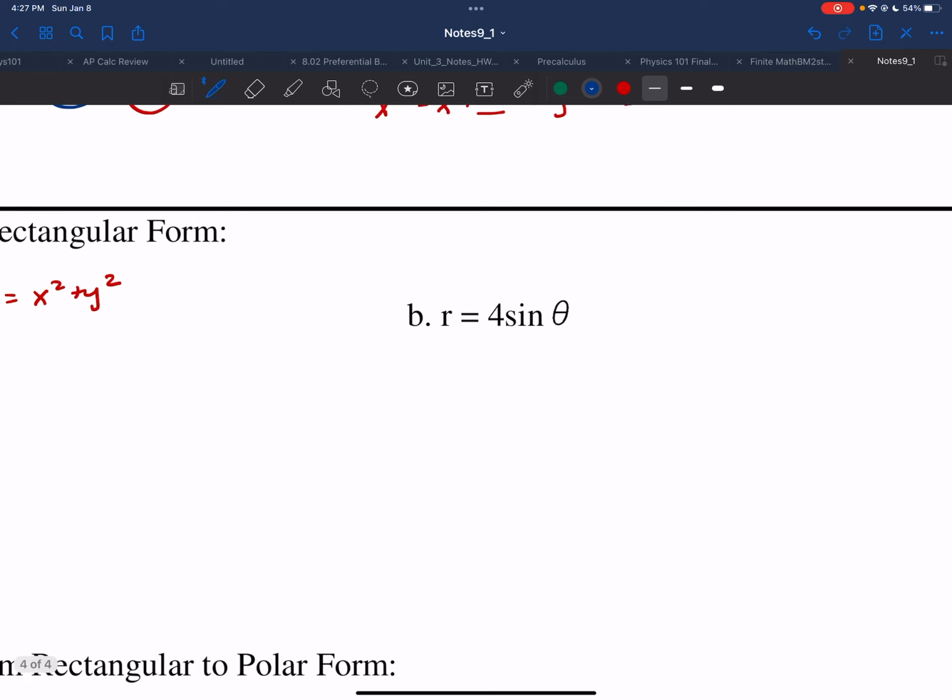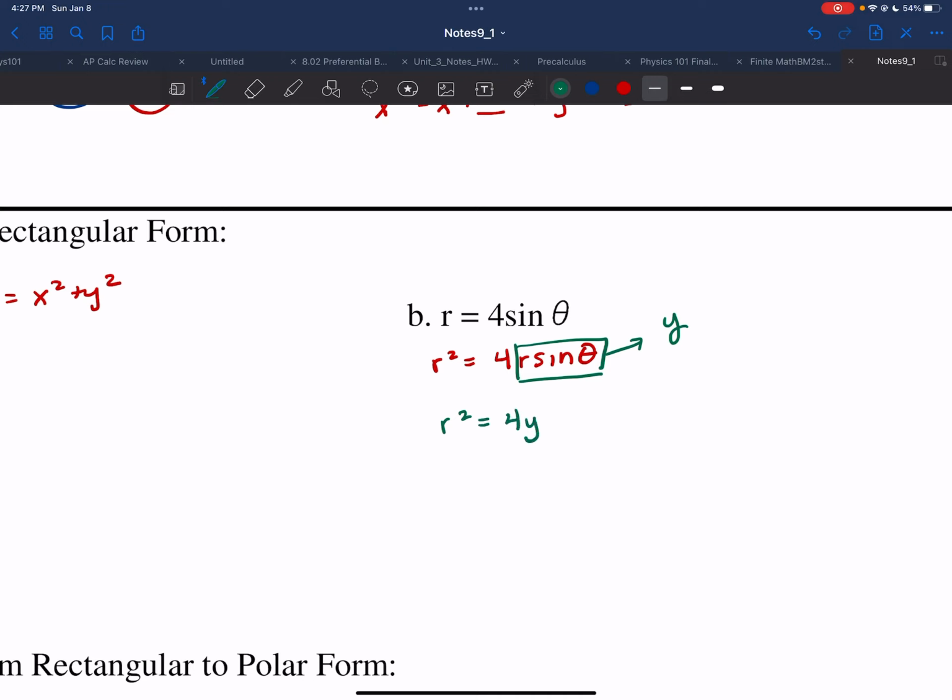B, r equals 4 sine theta. Now remember what we said, the method to use if we have a sine or cosine in there. So I'm going to multiply both sides by r. So I have r squared is equal to 4r sine theta. And if I look at this r sine theta, remember that's equal to y. So now I have r squared is equal to 4y.